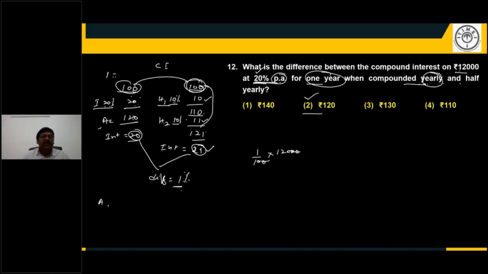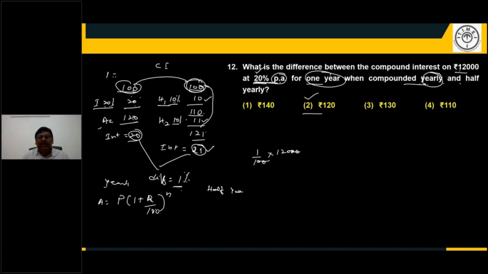What are the formulas, students? The total amount is equal to P into 1 plus R by 100, whole power n. When interest is compounded yearly, you use this formula. When interest is compounded half yearly, what formula do you use? Come on, please.